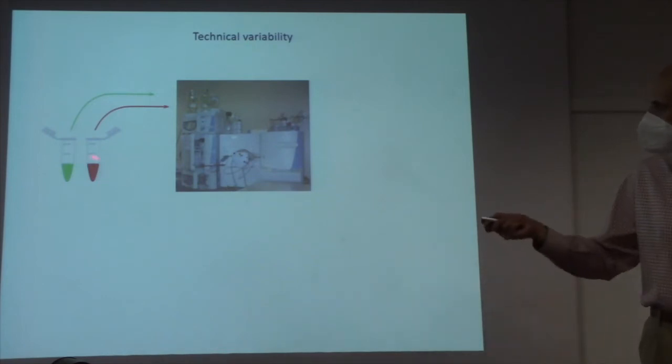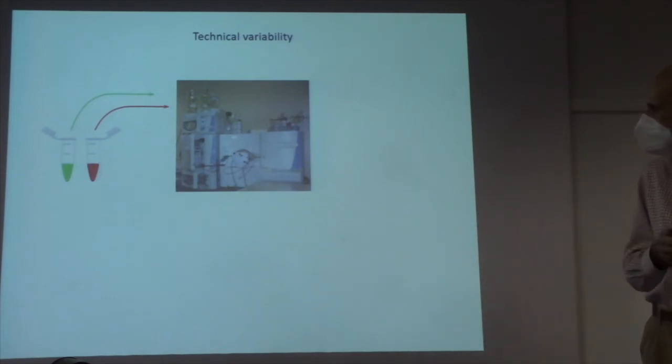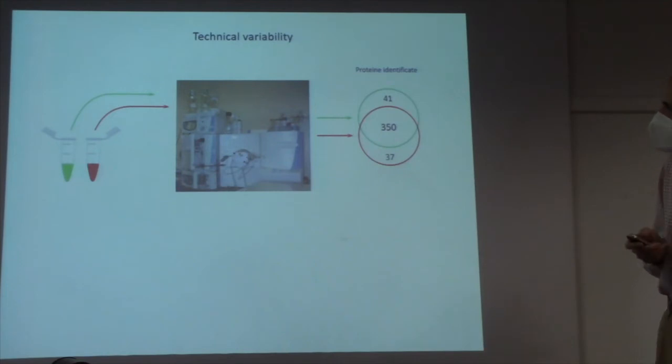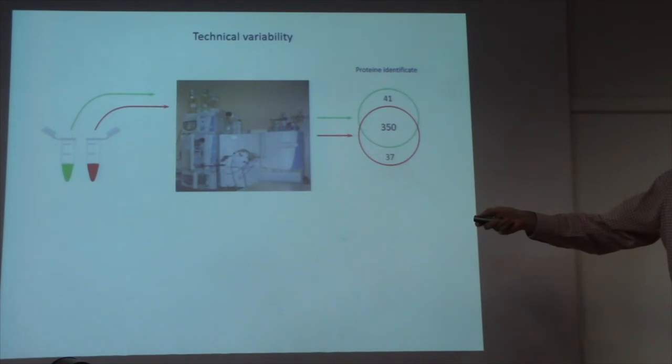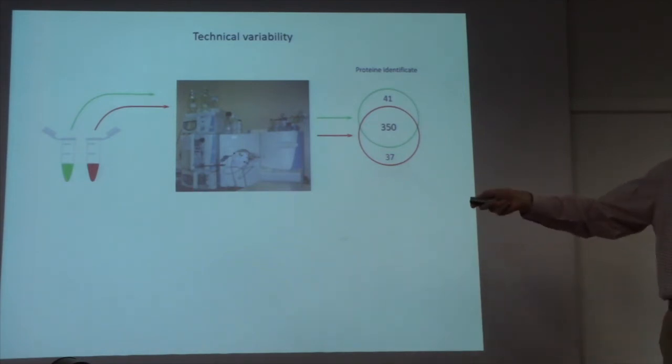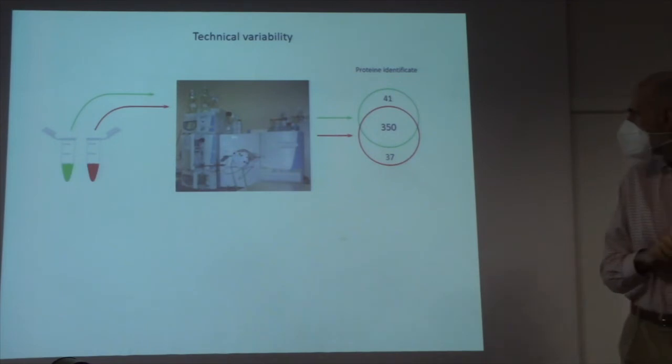So let's say we measure these two samples and we see that most identified proteins are in common. We identify 350 proteins both in the first and in the second sample. But we have 41 extra proteins in the green sample, not found in the red sample, and 37 in the red sample, not found in the green sample.